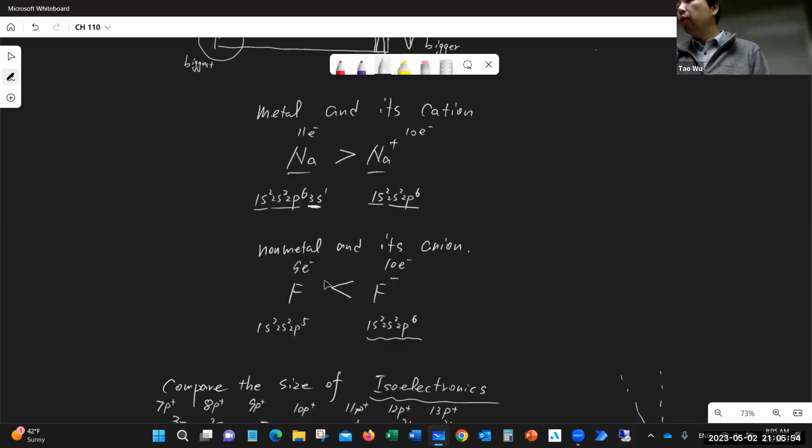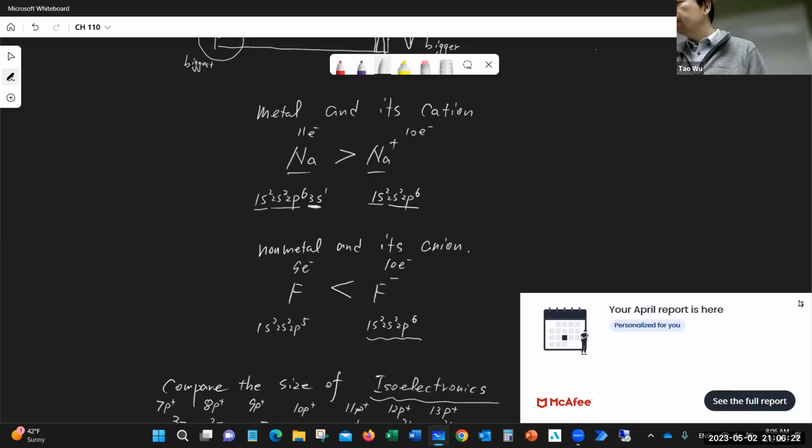For the non-metal, usually the size is smaller than their anions. Because when they receive electrons, they are going to become a noble gas electron configuration. And we talk about how, if they're fully packed with electrons, the size usually is bigger than other elements.